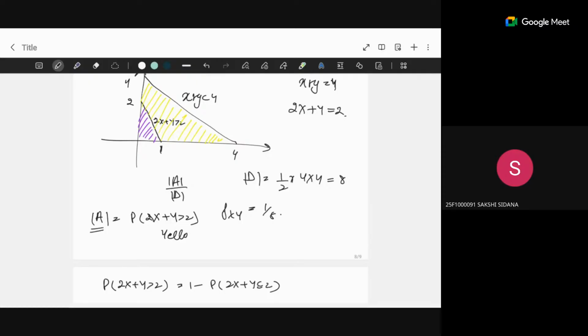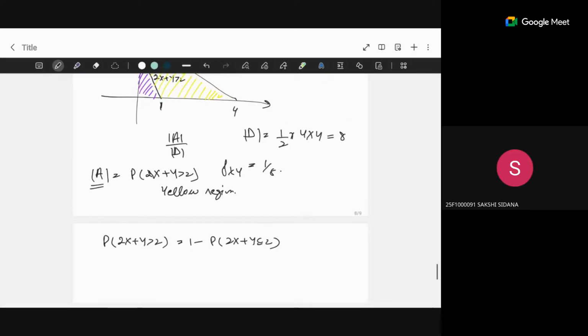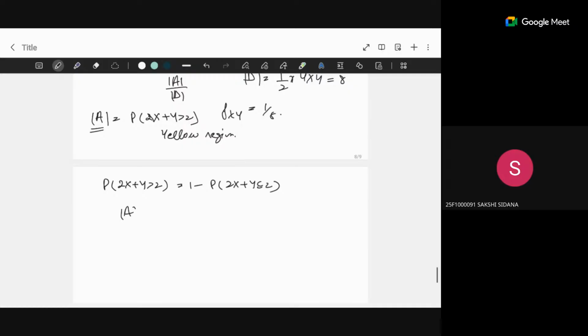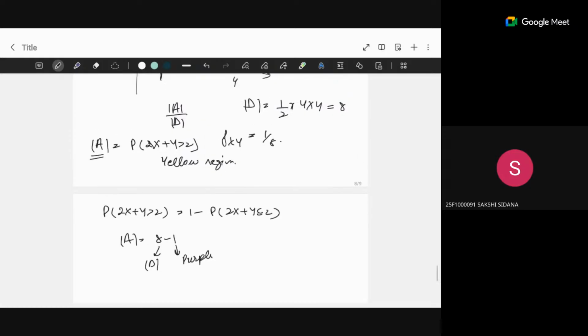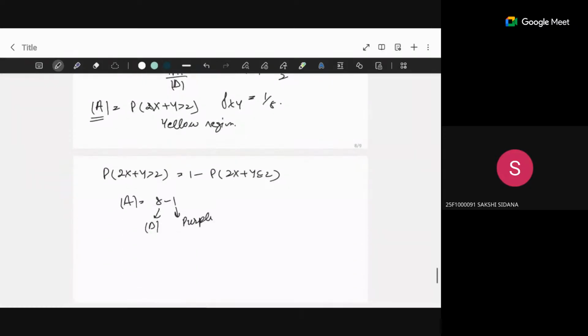Yes or no? Yeah, same thing. So if you find this area, my area is actually what? 8 minus 1 only? Yes. 8 is the area of D, right? And 1 is the area of the purple part, correct? So 8 minus 1 is 7.